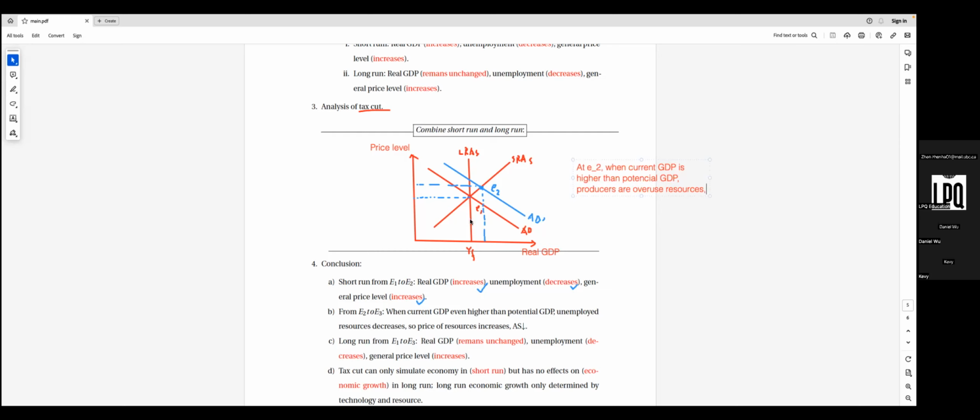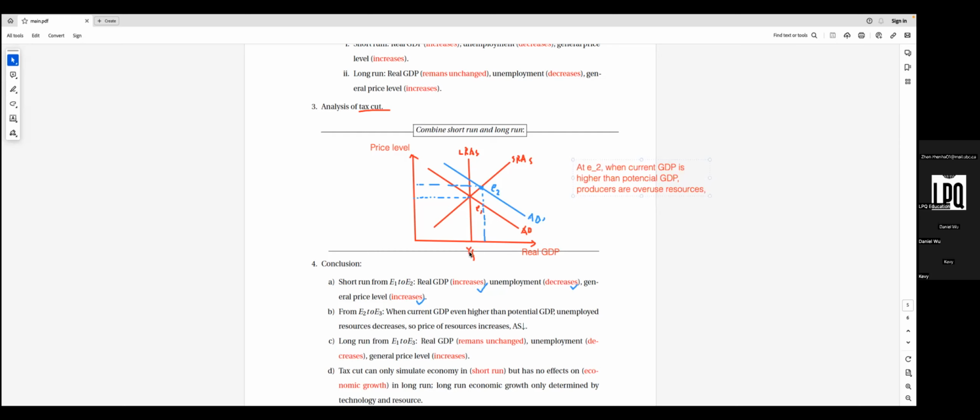And this is the first thing to understand. Some of you may wonder, right? Because potential GDP is already the maximum production ability in a country. That is what potential GDP is really about.